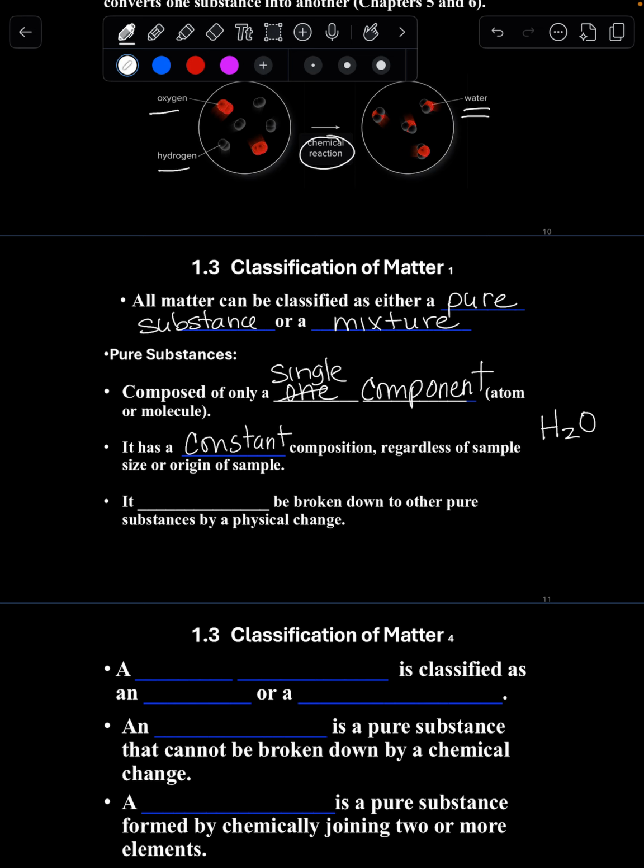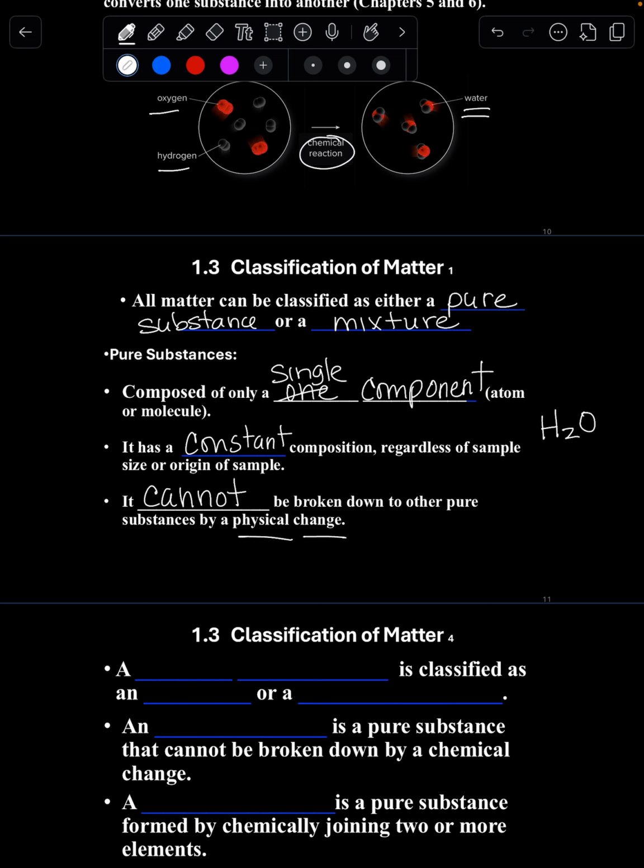And then lastly, it cannot be broken down into other pure substances by physical changes. So if we take water and melt it, it's not going to turn into hydrogen and oxygen. It's still water, and that's a physical change.